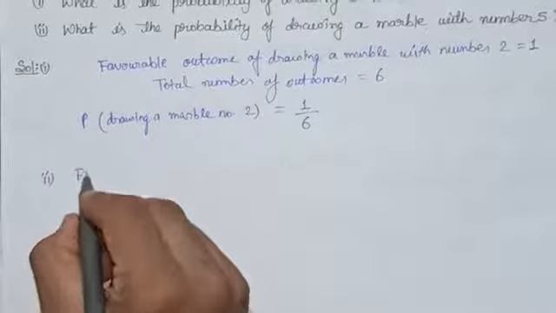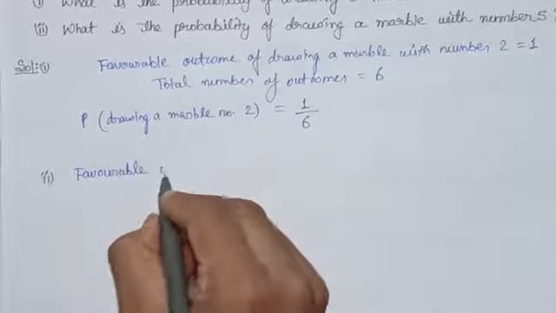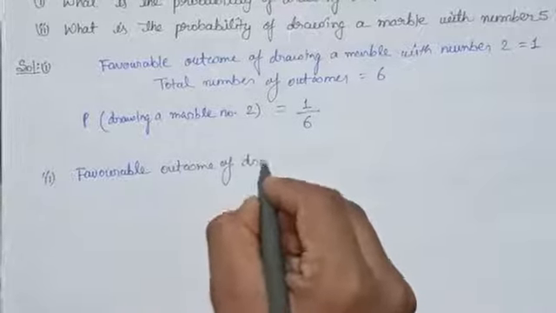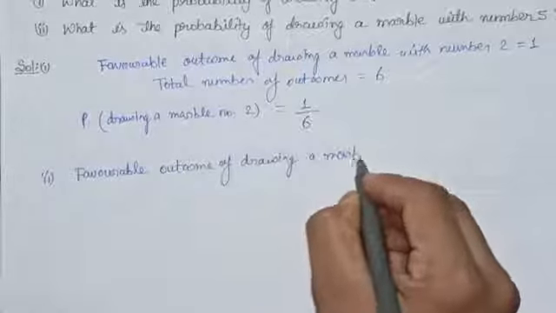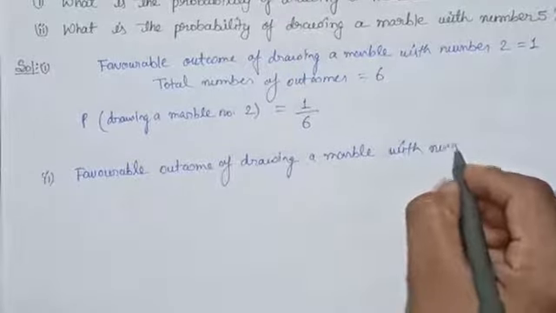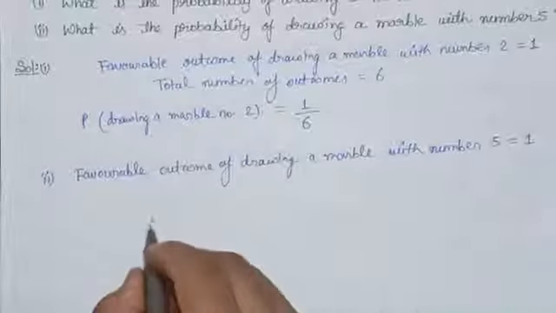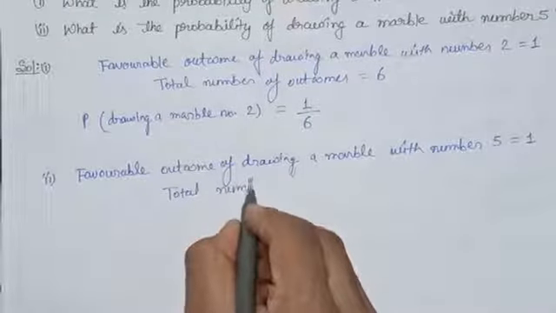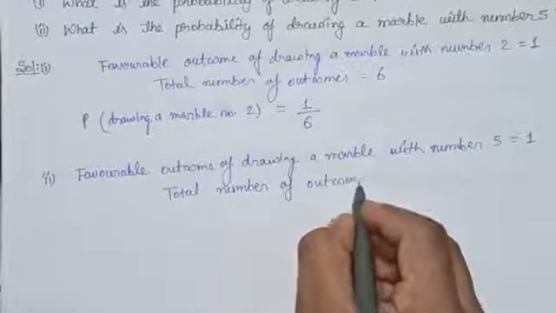So we can write favorable outcome of drawing a marble with number 5 is equal to 1. But again, the total number of outcomes is 6. As you know, there are 6 marbles in the box.